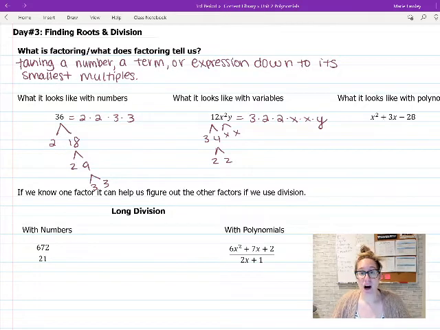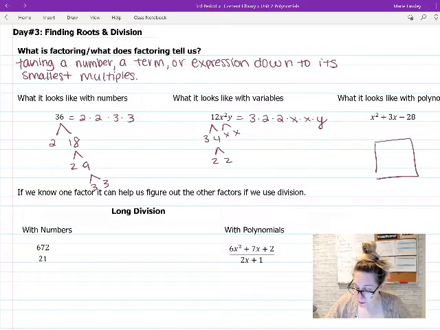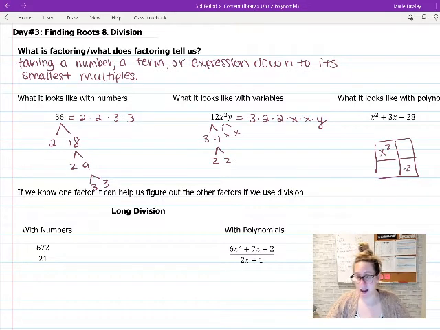Now, when we moved on to Algebra 1, you learned how to factor expressions using your quadratic factoring techniques. It works a little bit different. We can't just use a factor tree. We do more of a factor box. We put our first term, x squared, and our last term, negative 28.